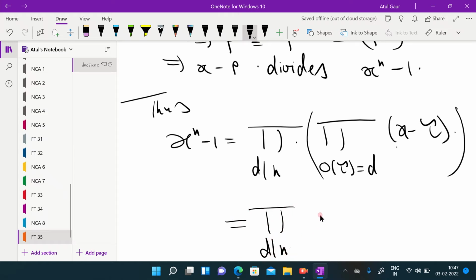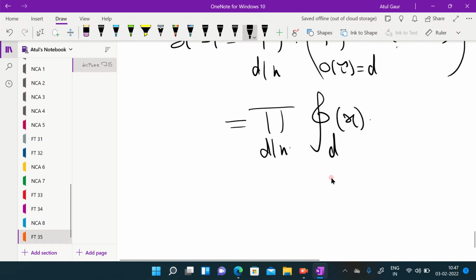Anyone? It's the primitive dth cyclotomic polynomial phi_d(x). This bracketed term is the dth cyclotomic polynomial phi_d(x), right?